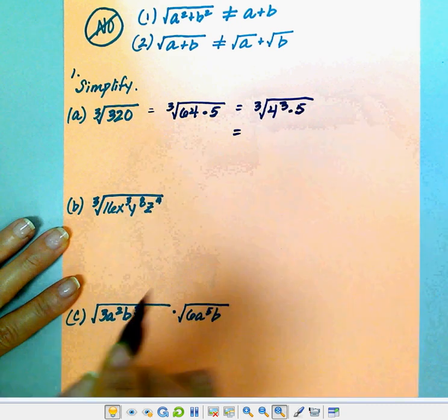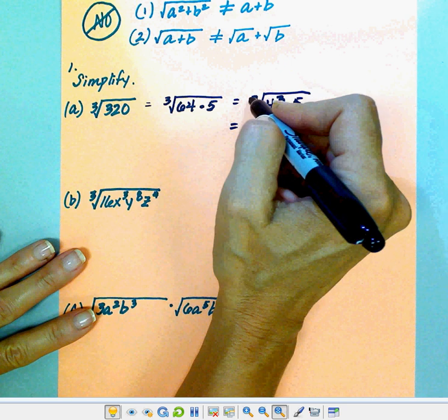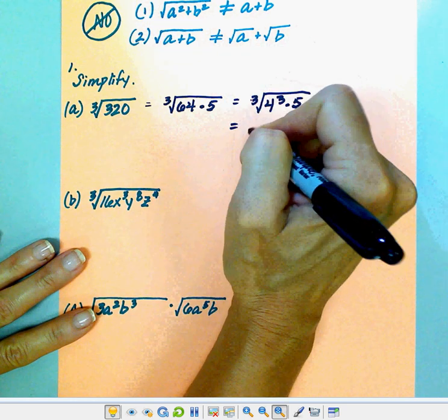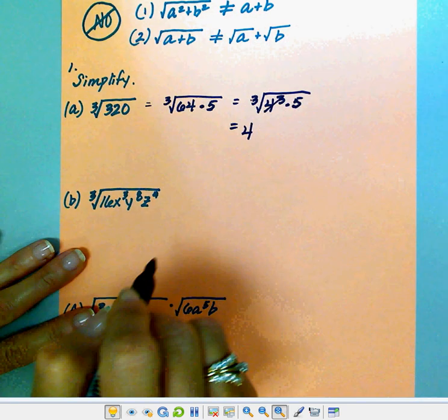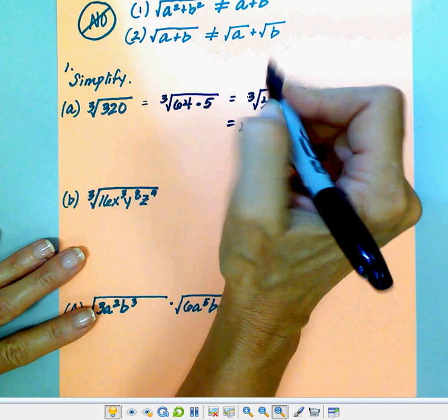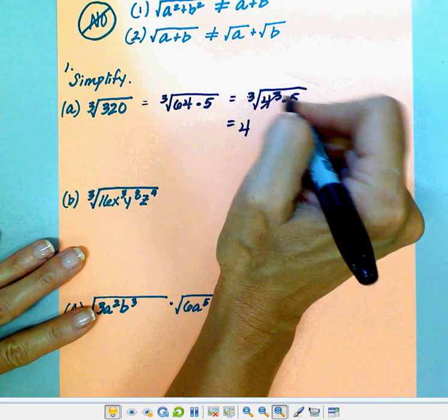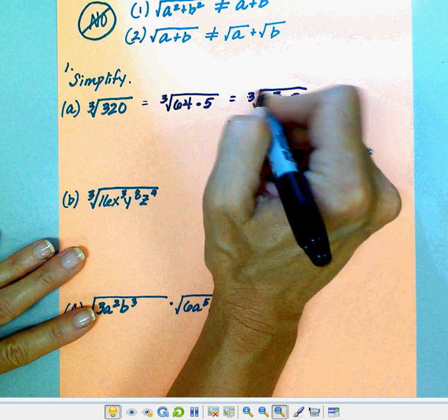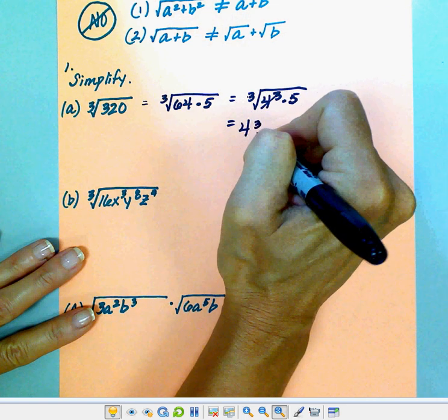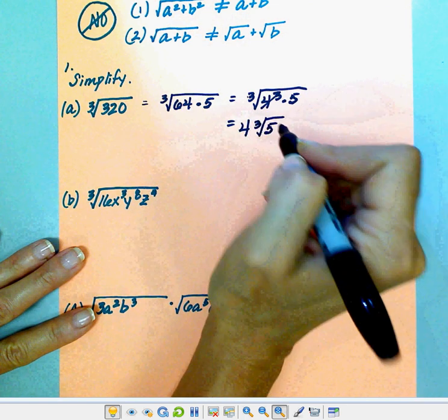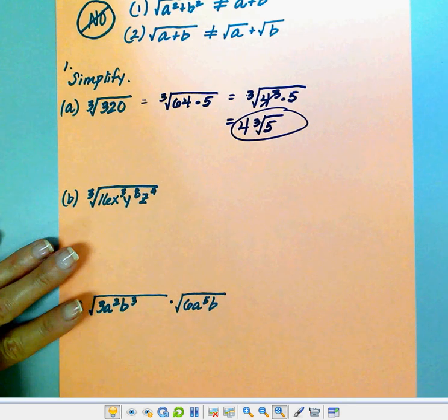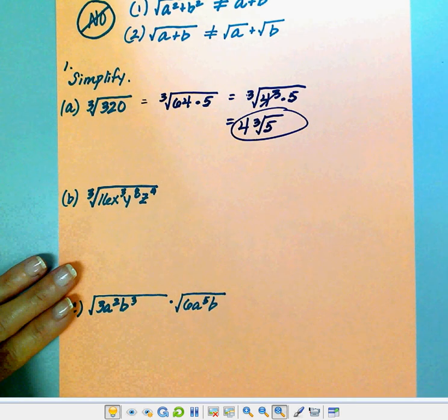And we know when we simplify radicals, the cube root of 4 cubed is 4, so I bring that out. I like to cross it off so I know that I've already simplified that. Left underneath are all of my numbers that are not perfect cubes. And so left I have the cube root of 5. So final answer is 4 times the cube root of 5.